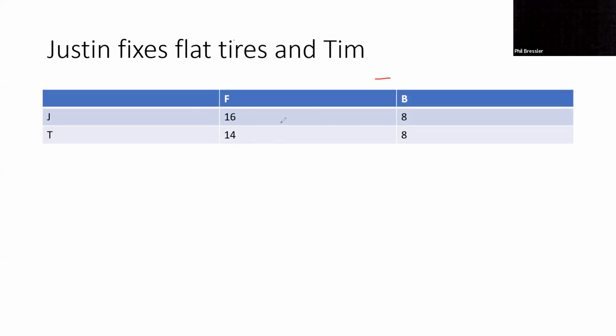So again, it's other over. The other is brakes, so it's 8/16 for Justin, which is a half. And for Tim, the other is brakes, 8/14, which is greater than a half. So Justin is going to do flat tires, and therefore Tim would do brakes.